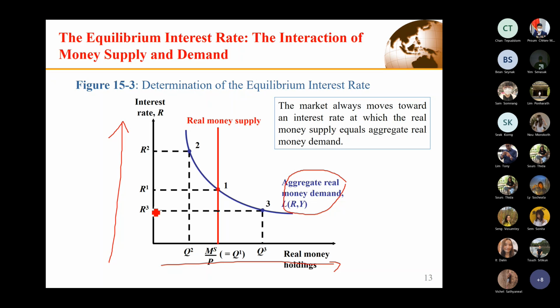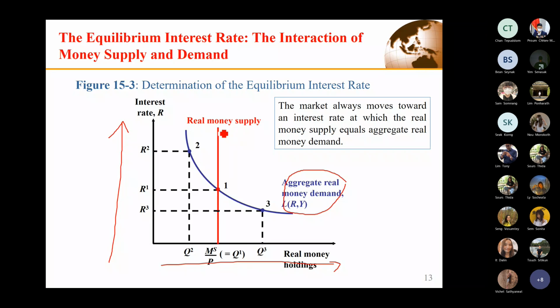As long as the interest rate is decreasing, it is better to keep more cash at hand. On the opposite, when the interest rate is higher, people would not want to keep more cash in their pocket. They prefer to keep it at the bank as a deposit to earn interest. So the real demand for money slopes downward.